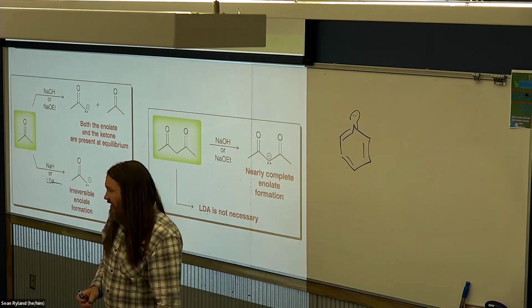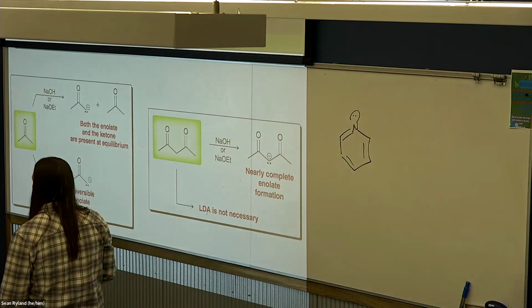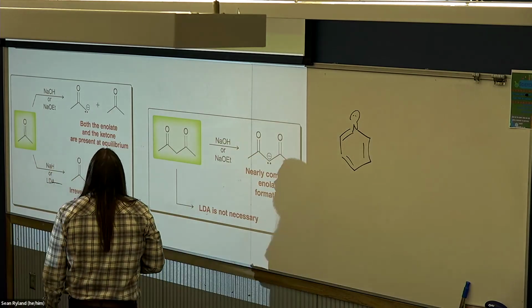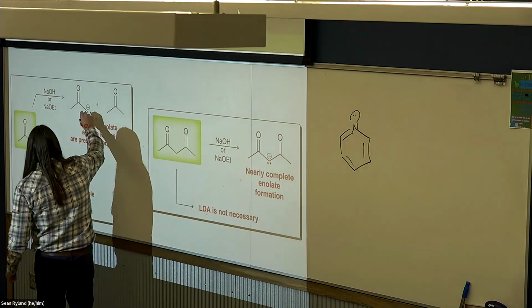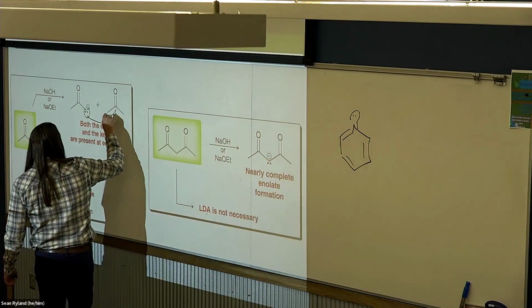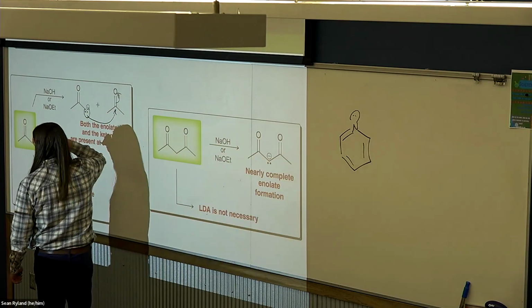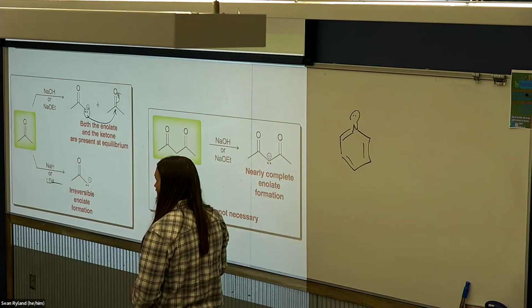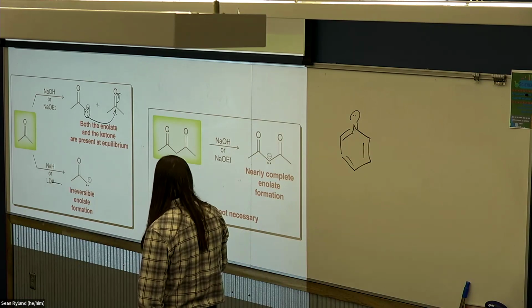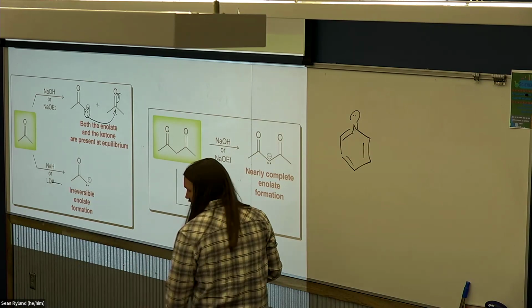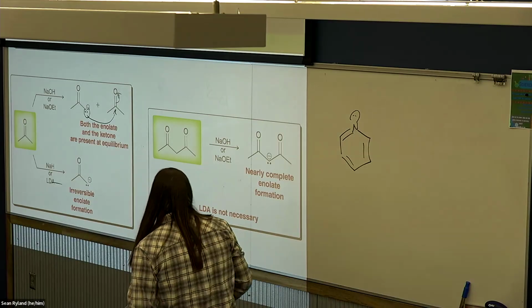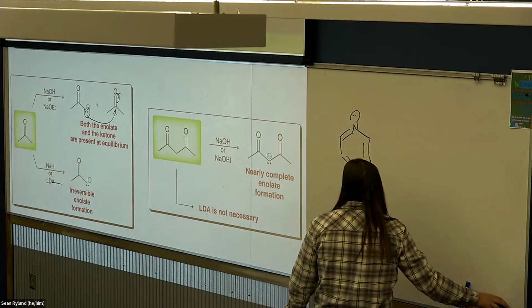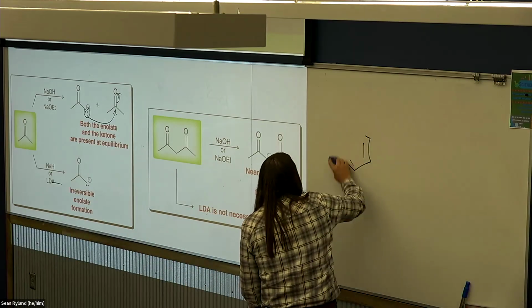We did a practice with that where we said, well, what happens if they react with each other? This is now a strong nucleophile, so it can come in here. We're going to get something that looks like two of these added together, except not exactly, because one of those carbonyls is going to turn into an alcohol.